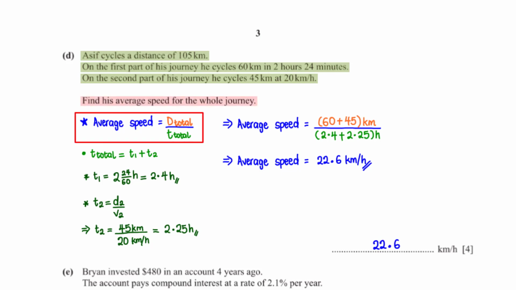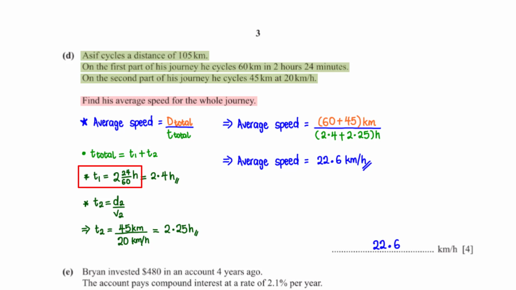The average speed for Asif's journey would be equal to the distance he traveled divided by the total time duration for the journey. The total time duration for the journey is equal to T1, which is the time duration for the first part of the journey, plus T2, which is the time duration for the second part of the journey.